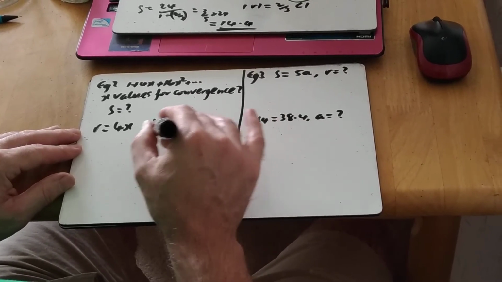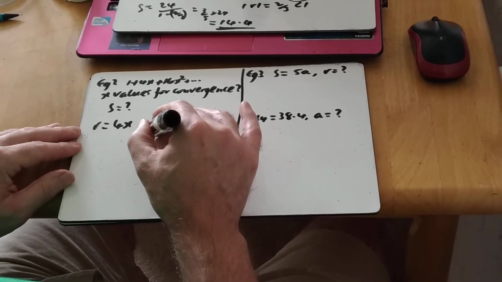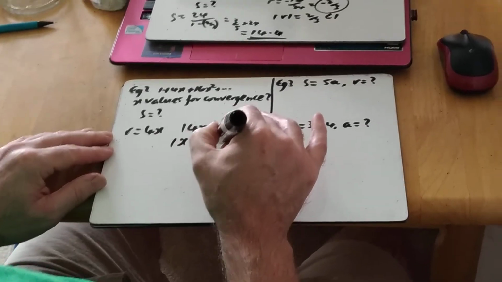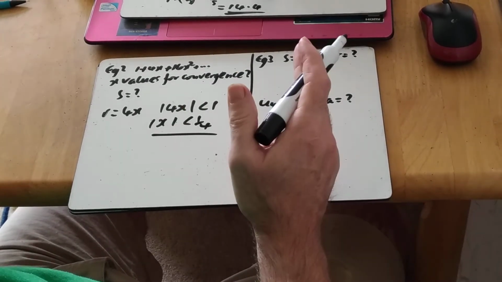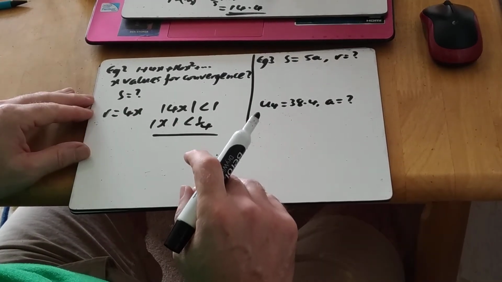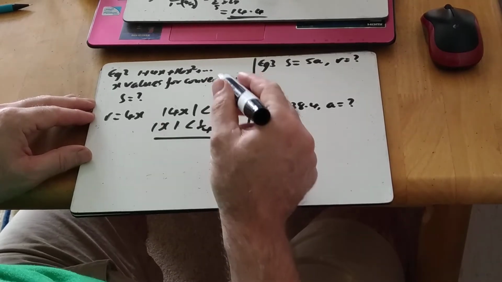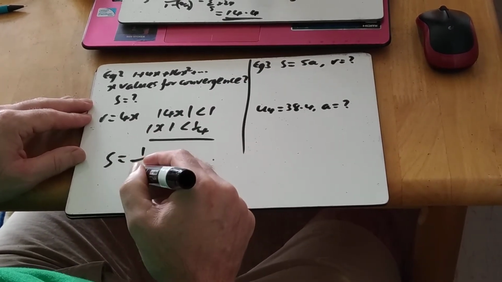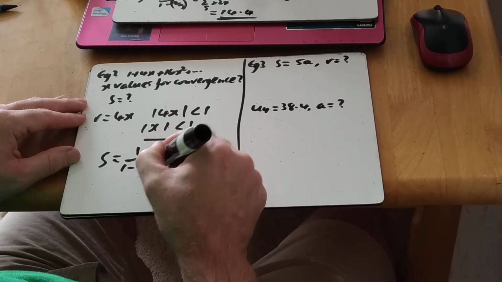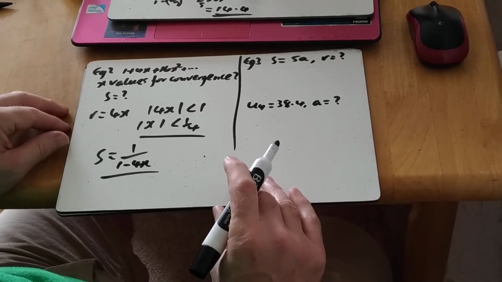We do the opposite of the constant, and in this case we divide by 4 to get mod x is less than a quarter. That's my sandwich range from minus a quarter to a quarter. Any x value in that range means that we're going to have a sum to infinity. And in this case, what does the sum to infinity equal? 1 over 1 minus 4x, and that's it in terms of x.